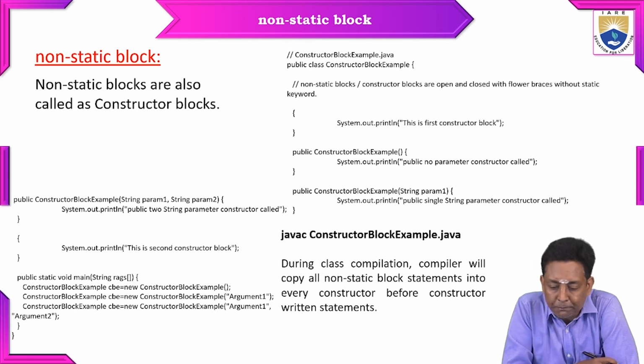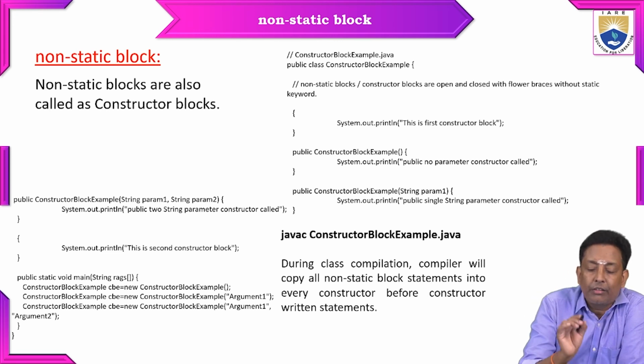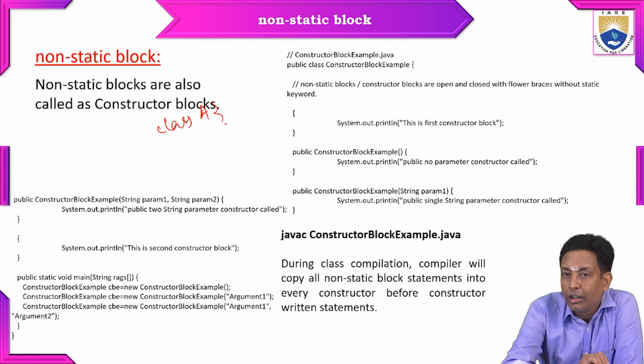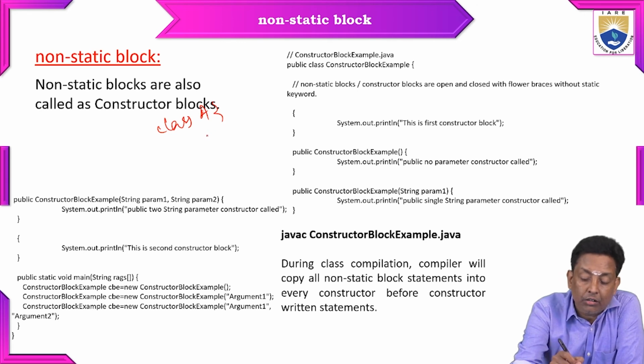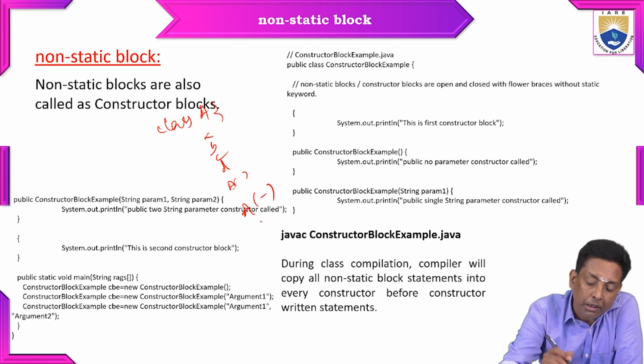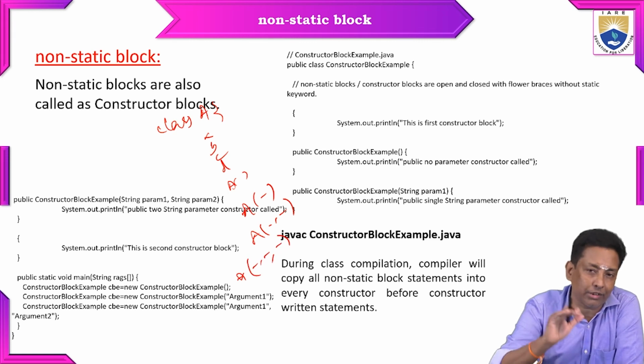For example, there is one class called A. If class A has variables A, B, C, D, and has one no-parameter constructor, one single-parameter constructor, one two-parameter constructor, one three-parameter constructor, we can write any number of constructors, right?